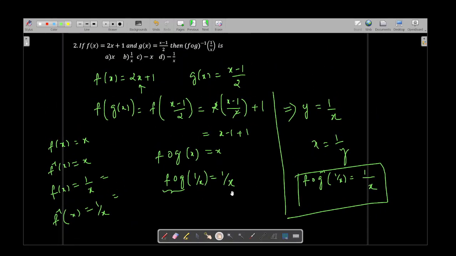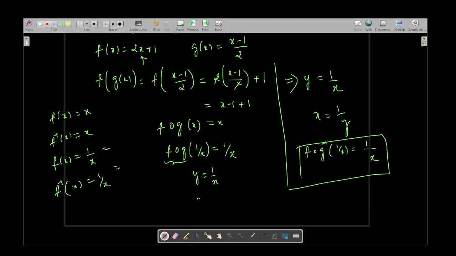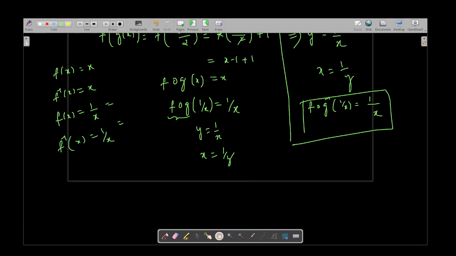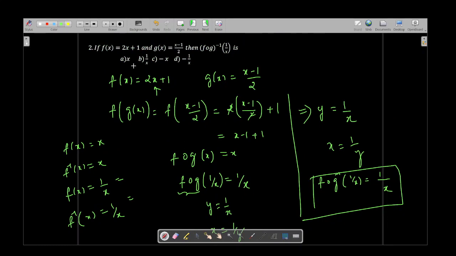To find the inverse, I put y equal to 1 by x. Next I want the expression in terms of x, so x is equal to 1 by y. To find the inverse, I just replace y with x. So f of g inverse of 1 over x is equal to 1 by x. This is my answer, option B.